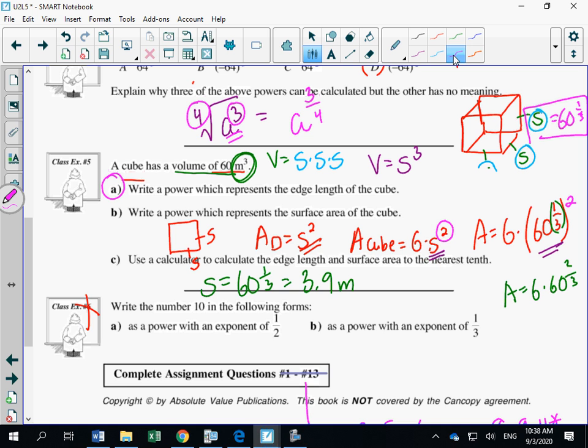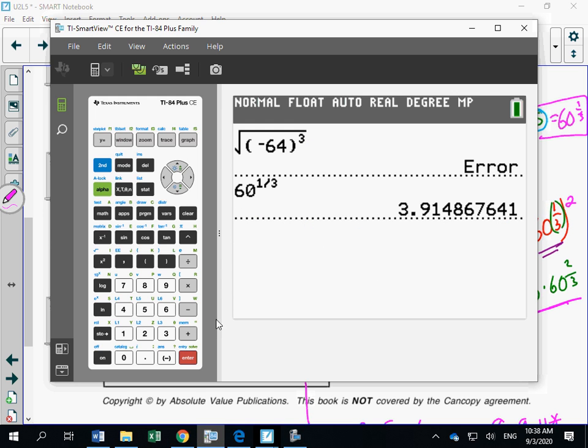The answer for your area, this is your area, let's calculate that. On my calculator, 6 times 60 to the power of 2 divided by 3, and you get 91.9.